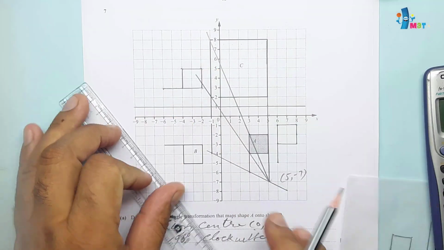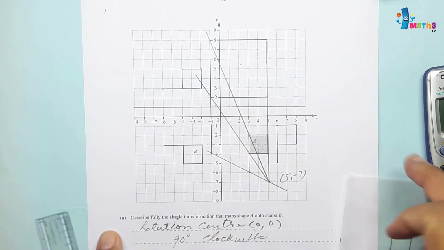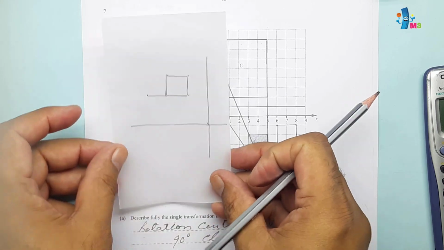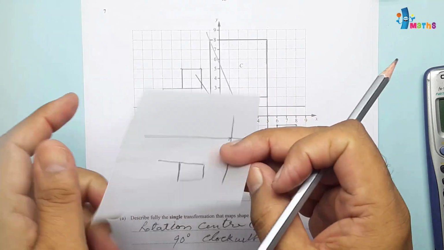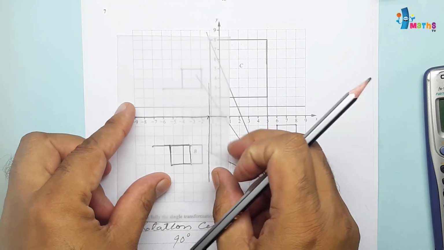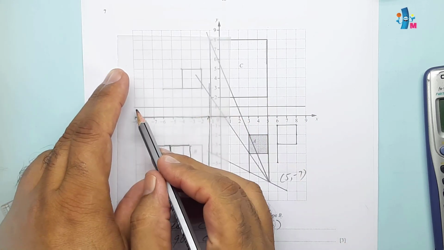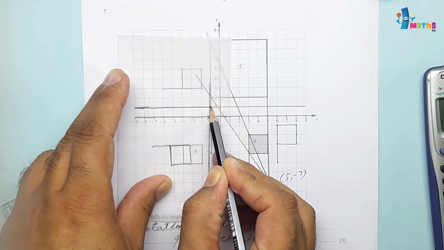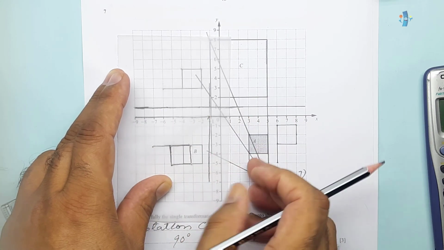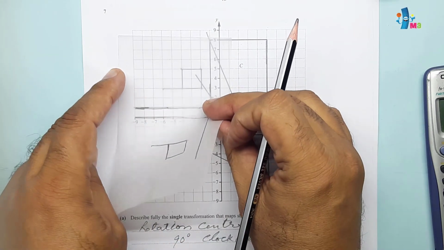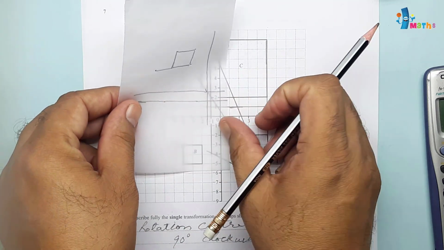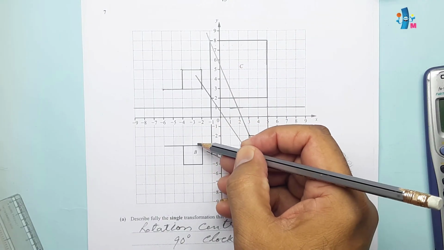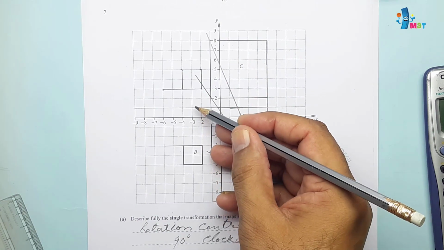So this is reflection about y is equal to 1. Basically we have to reflect this line about this line. We have made a mistake. We have reflected about x-axis, but we have to reflect about this line. So we will be using this line, and it will be 1 2 3 4 units, 1 2 units.